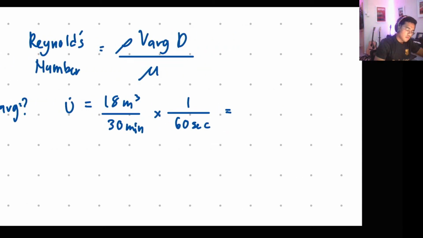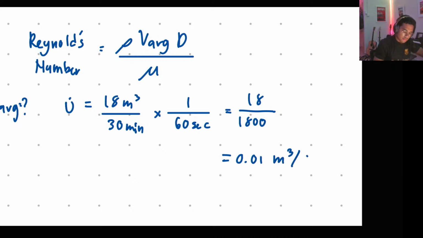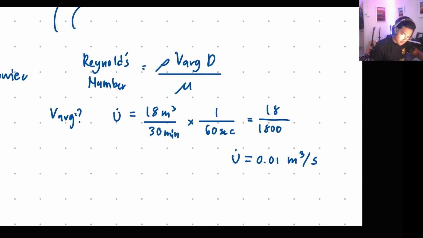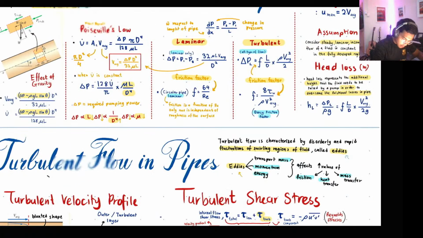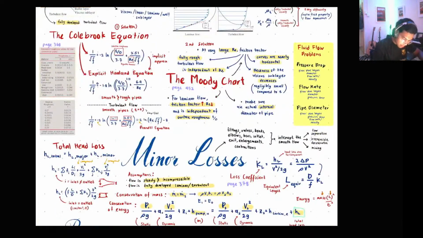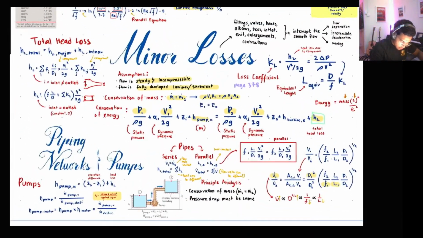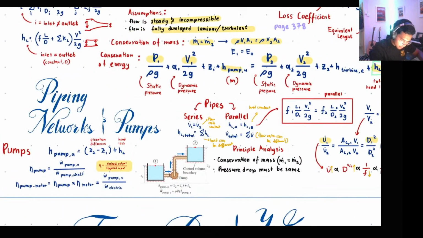So 18 over 1800 is 0.01 meter cube per second. This is the flow rate. So what do we do? Maybe it is turbulent, maybe laminar. We don't know. But we do know it has a pump.